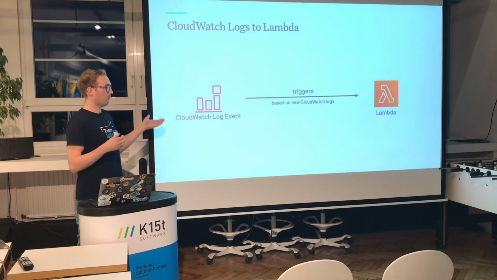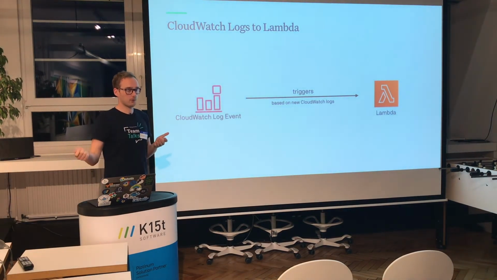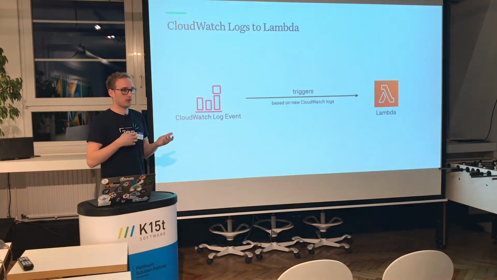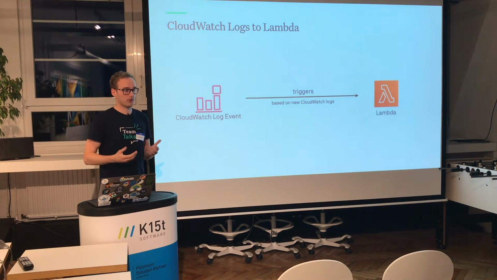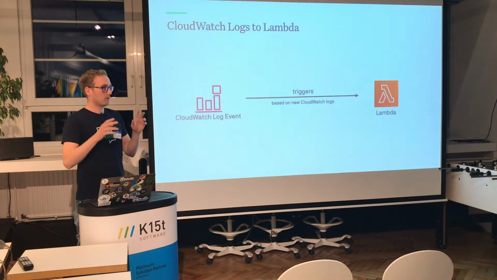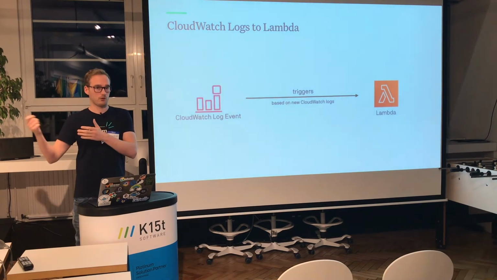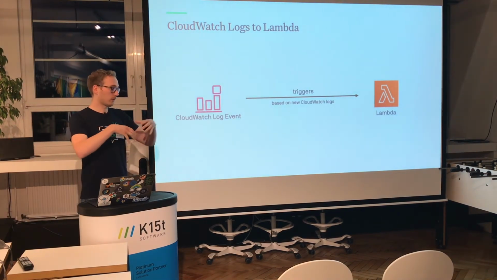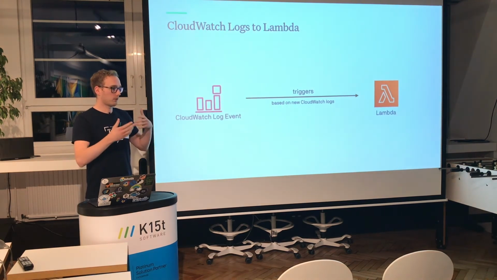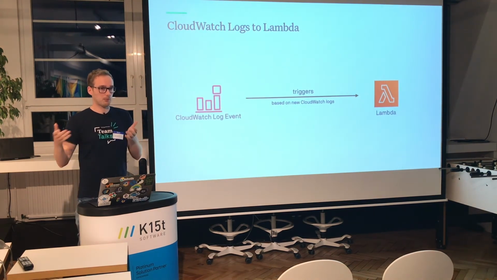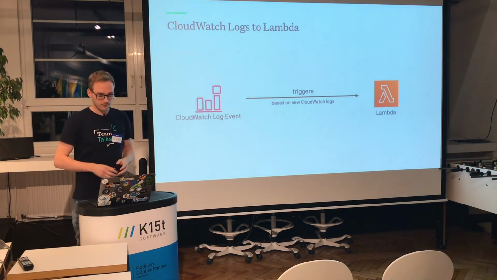The reason is that you then have an asynchronous process, so you don't slow down your actual business logic, which can continue to do something. A separate Lambda function can then analyze what type of error you have and clean up something, so you have a more loosely coupled system in the end.